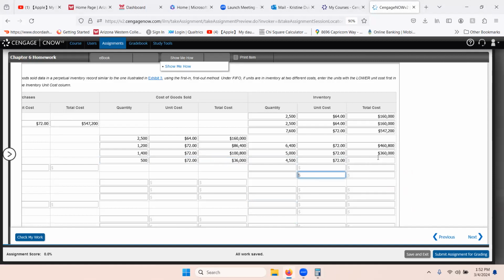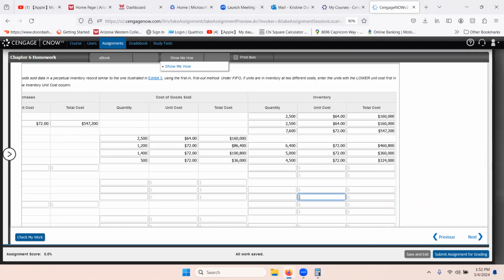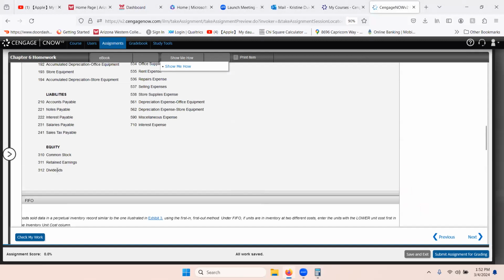And then we're going to subtract it from up here. So that's going to be 324. Okay, double check my addition, because we know that when I think I'm right, I'm not. 324. Okay, good.